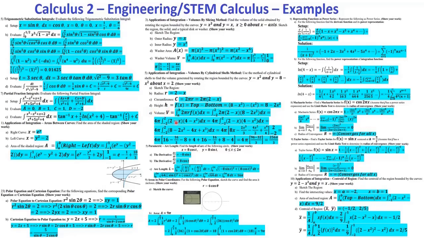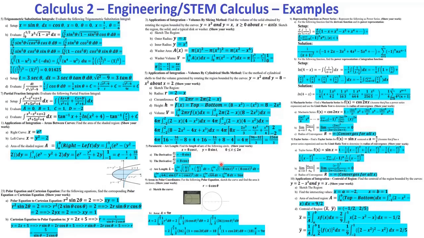The height is f of x, which is the top curve minus the bottom curve, 8 minus 2x squared. Then the volume is from a to b of 2 pi r f of x dx, from minus 2 to 2 of 2 pi (2 minus x) times (8 minus 2x squared) dx. You integrate this, you will end up with 256 pi over 3. Okay.